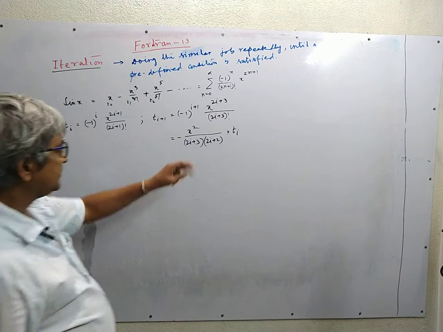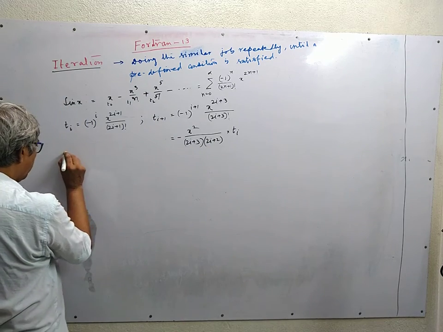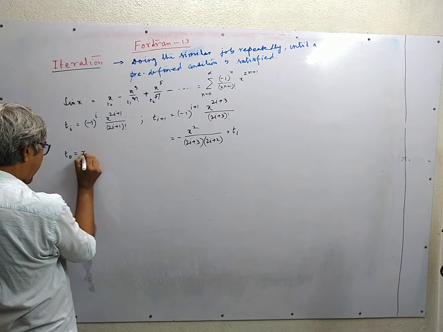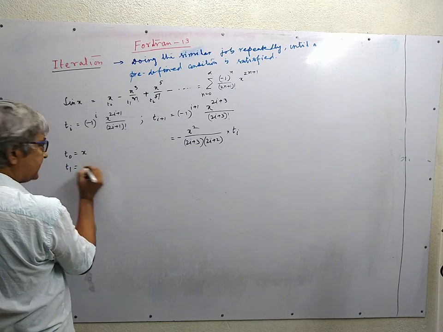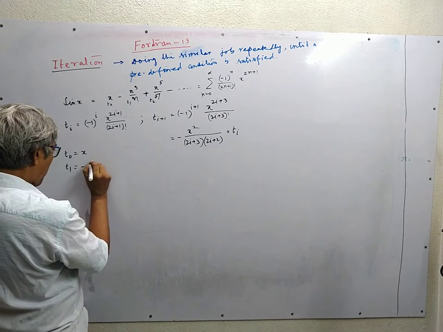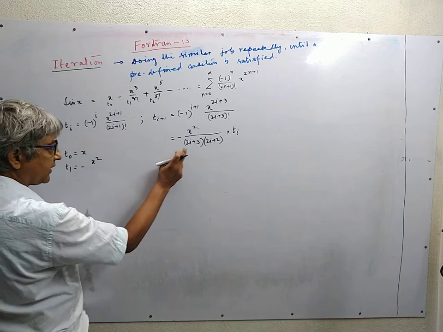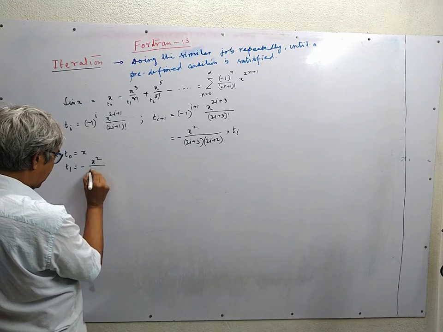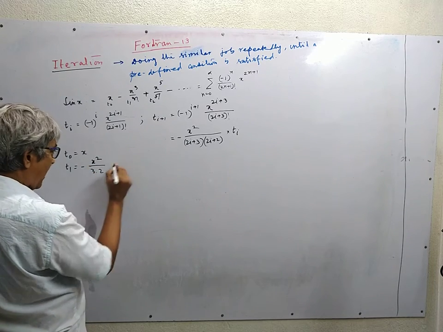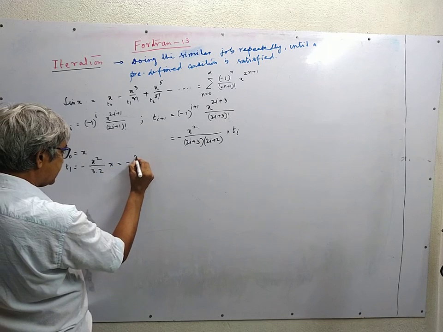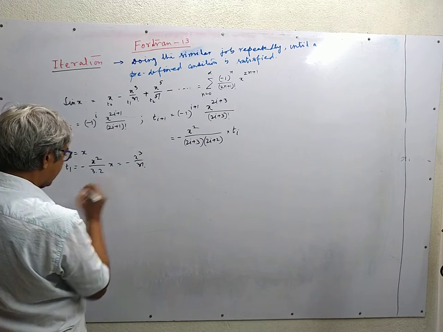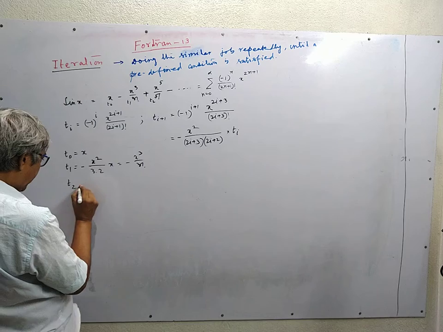So if we know t0 to be x, then t1 by this relation is minus x square, and i is 0, so this is 3 into 2 times x, that is minus x cubed by factorial 3. Now come to t2.